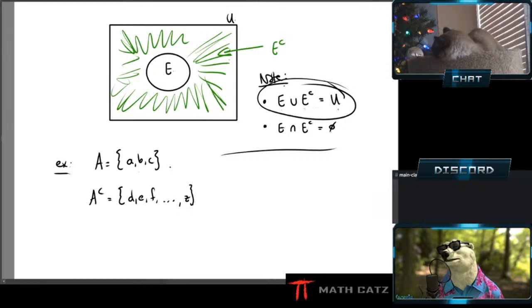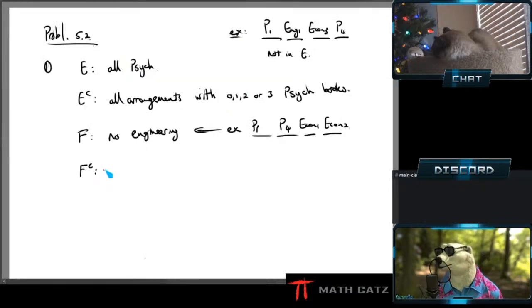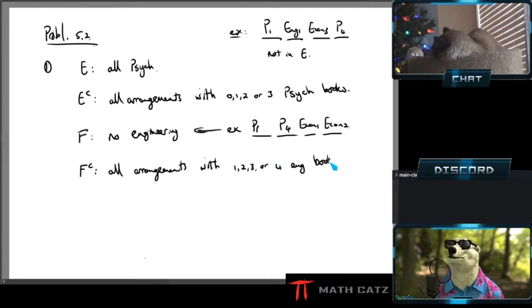So if F has the requirement that I can't select any engineering book, F complement has all arrangements with 1, 2, 3, or 4 engineering books. I should have led with that, I'm sorry, that we understand this is my Venn diagram in this case, containing everything.